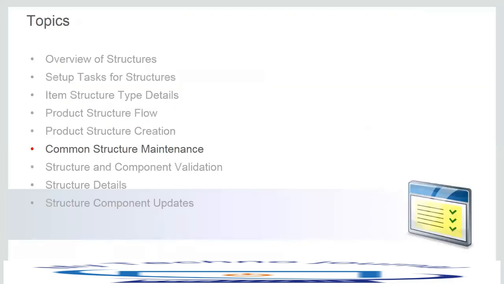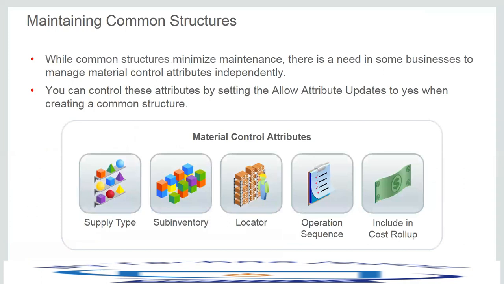Common structure maintenance. So this diagram depicts 5 material control attributes such as supply type, sub-inventory, locator, operation sequence, and cost roll-up. So we could allow attribute updates.